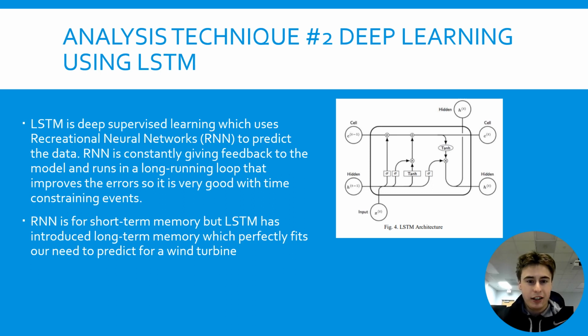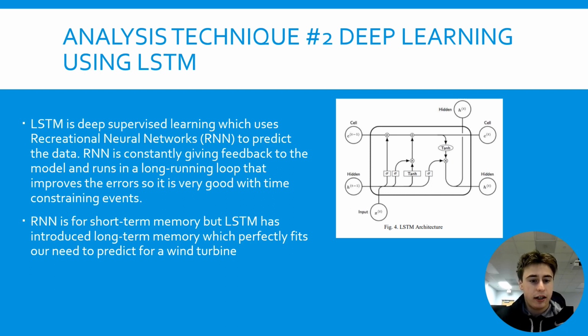This is more in deep learning, using a completely different algorithm. How deep learning using long short-term memory works is by using recurrent neural networks, RNNs for short, to predict the data. It's basically giving constant feedback in a long-term running loop.